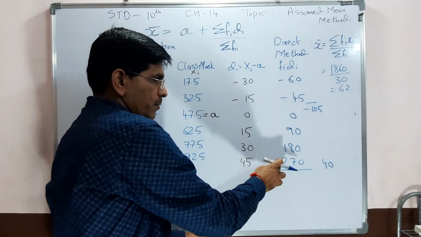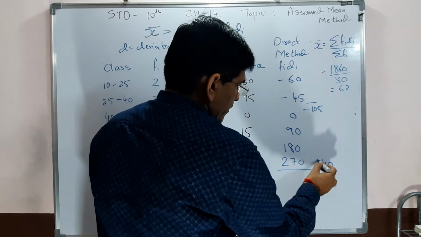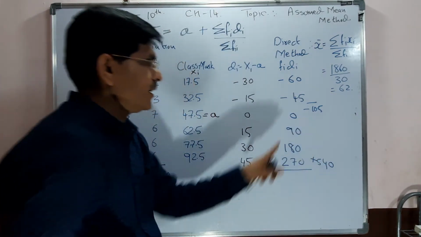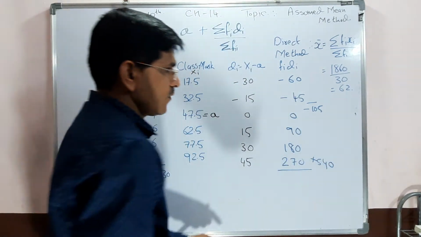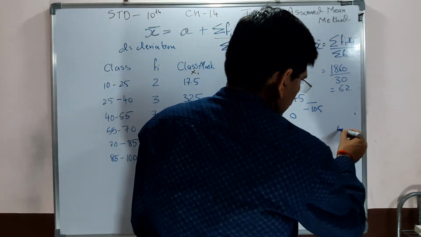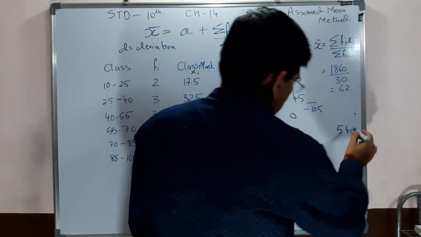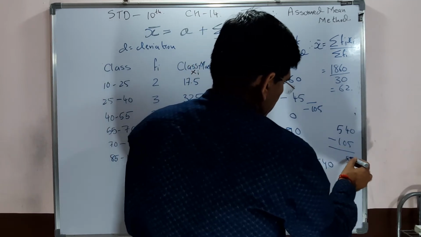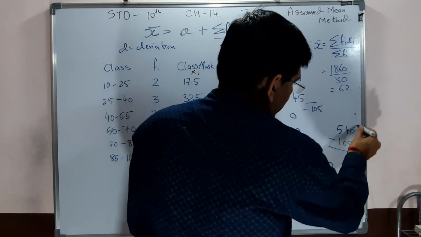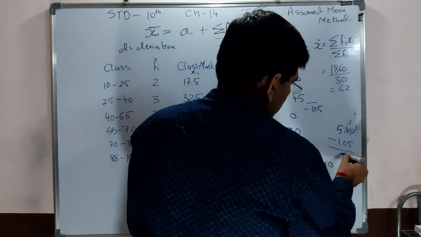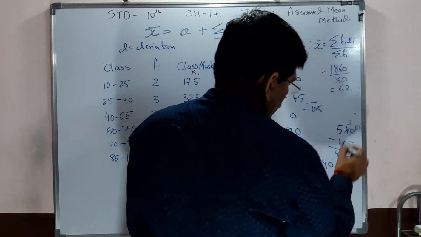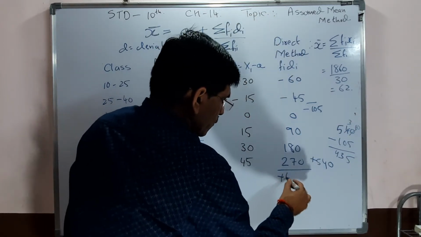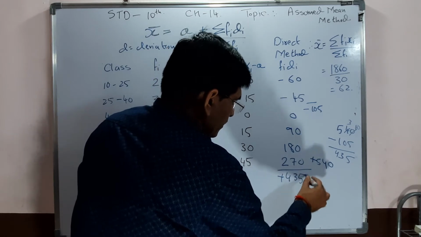So 2 plus 2, 4 and 5. So plus 540 minus 105. 540 minus 105, we can get positive 435.